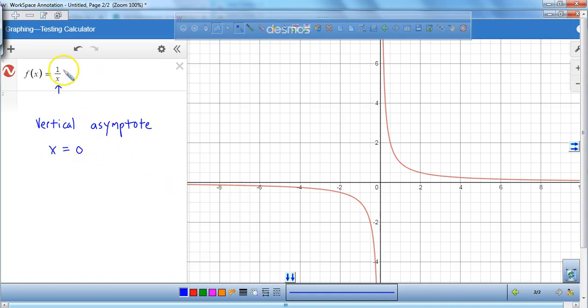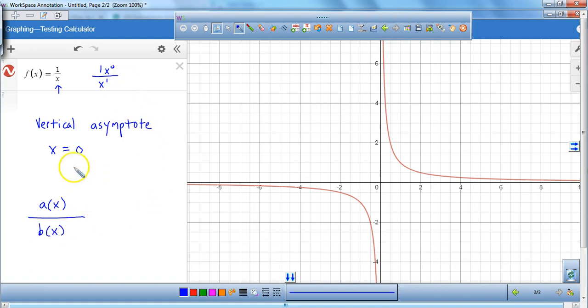Now, you'll notice up here we have a 1, and here we have x to the power of 1. Technically, we could say we have x to the power of 0 times 1 over x to the power of 1. You'll notice that this degree is smaller than this degree. So there's a rule, okay? And the rule is, if you have an expression on top of another expression, so you have a of x over b of x.